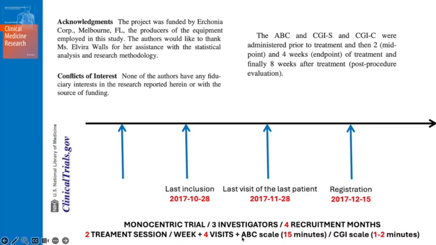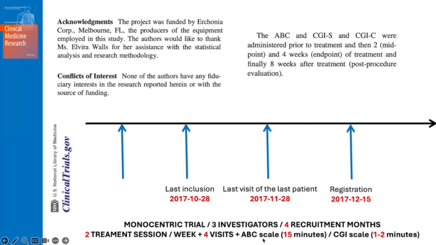And then we have 1 ABC scale that should be done in 50 minutes, and a CGI scale that is done in 1-2 minutes. So pretty easy to do, not very demanding. Still, we have a lot of visits, so it needs time and resources to perform the study. We don't know that much about their organization, but it takes time.